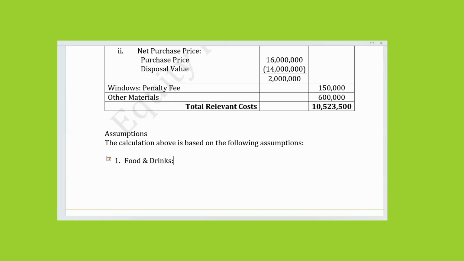So what's our assumption on food and drinks? We said that the food and drinks of 37,500 naira is irrelevant because it's a sunk cost.